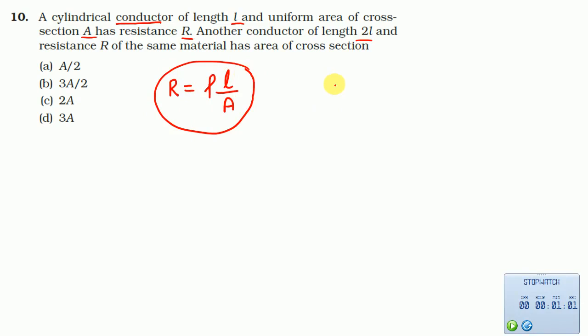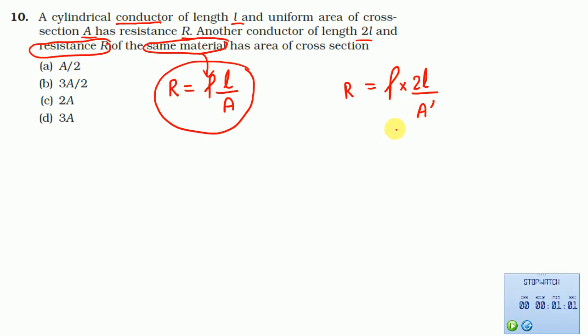Now another conductor I have of length 2L, with the same resistance R. Same material means that resistivity is dependent on material. So if the material is the same, the resistivity will be same. So rho into 2L by A dash.